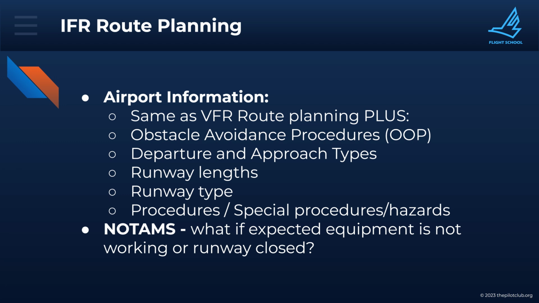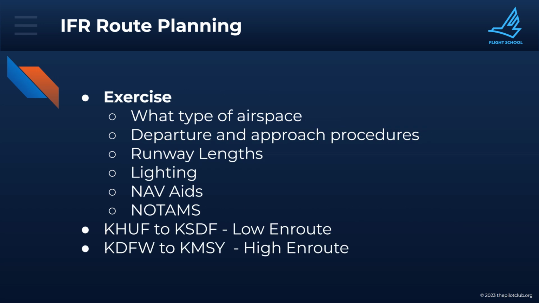Are there PAPI lights? What kind of runway edge lighting is there? Again, we take a lot of things for granted in the simulator because, quote unquote, everything always works. If there are any NOTAMs about any of that equipment not working, or if there's a runway closed, these are things in the real world you want to check as well. Maybe the lighting is not working as expected, or the PAPIs are not working. These are things you would want to know in the real world if there's something that's going to affect your flight.